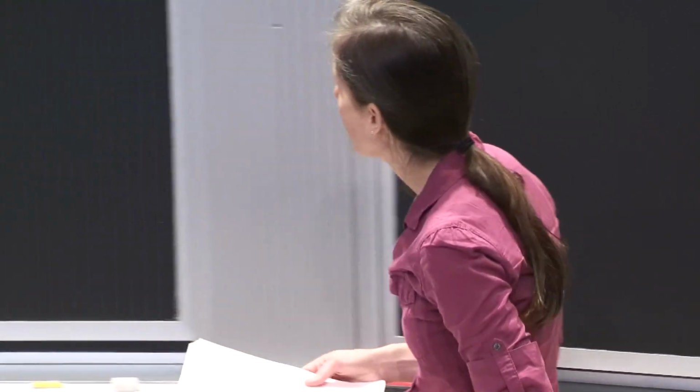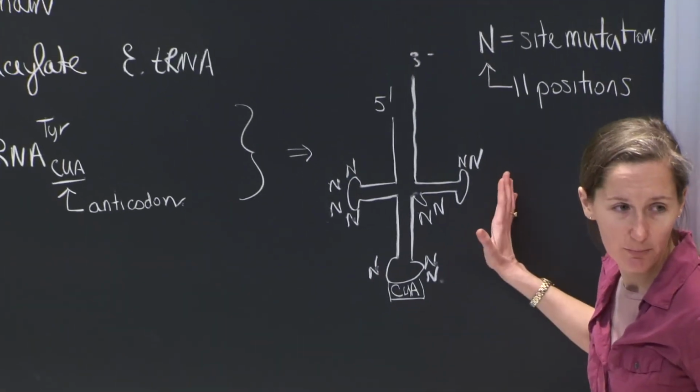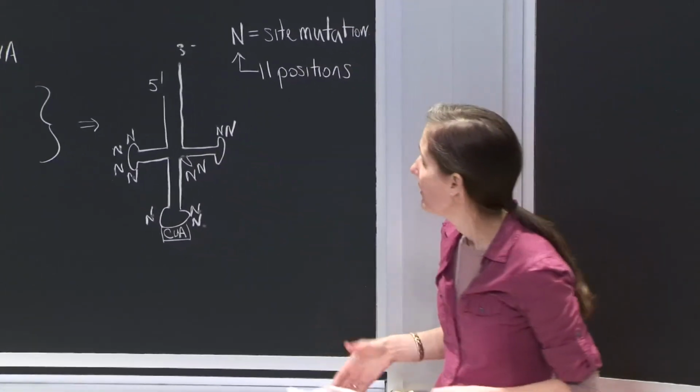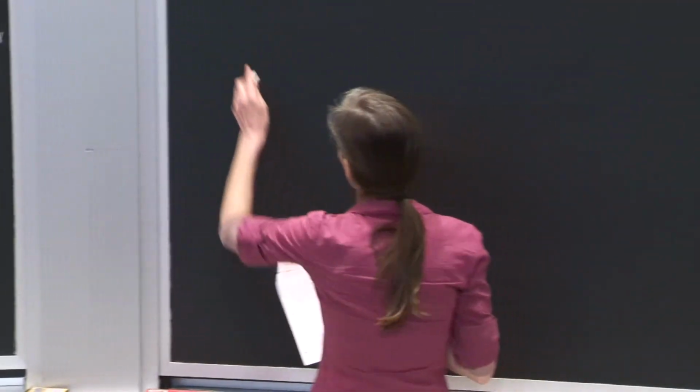selection. And what might happen out of that? Imagine you have some large pool of mutant tRNAs. What might happen?